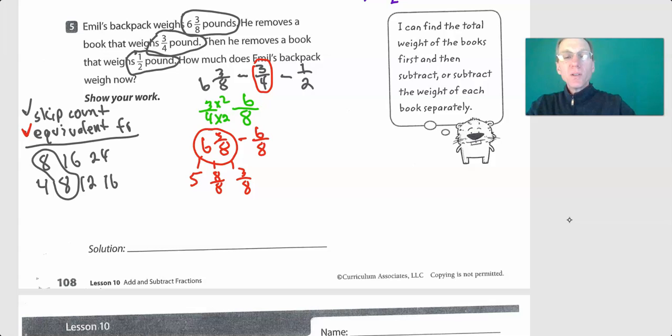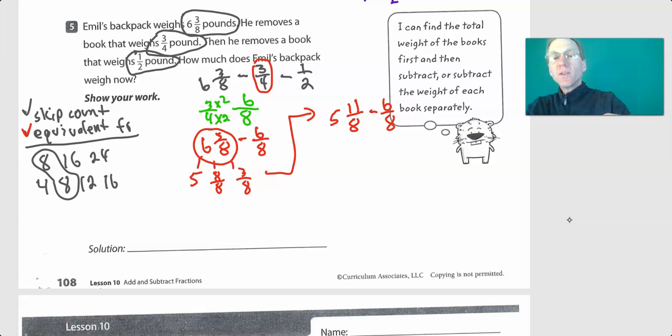So altogether we have 5 and 11/8. See the 8/8 plus the 3/8? Now that's going to give us a lot of slices. Now we can subtract the 6/8, right? 5 and 11/8 minus 6/8 is 5 and 5/8. Does that make sense?